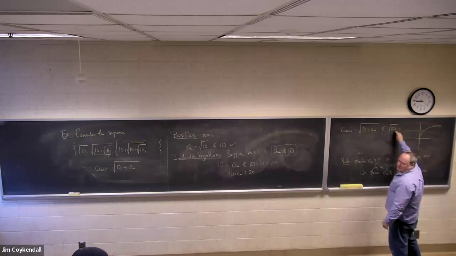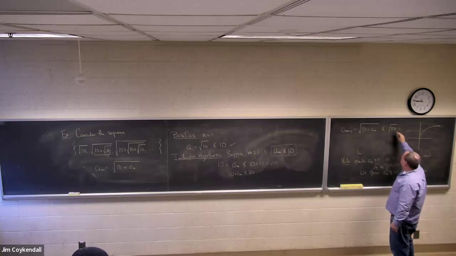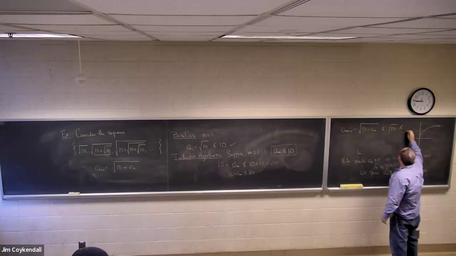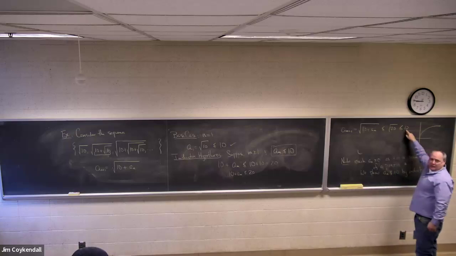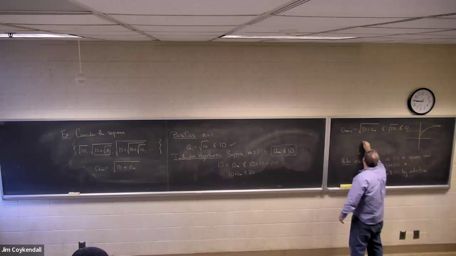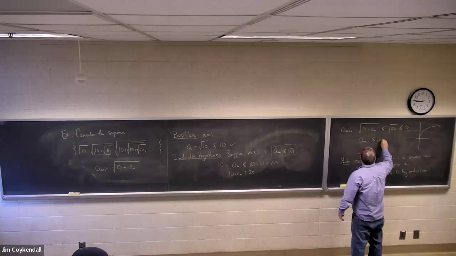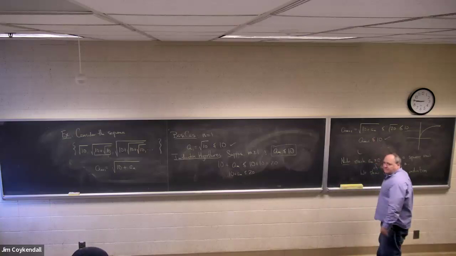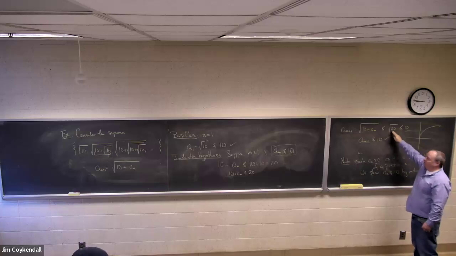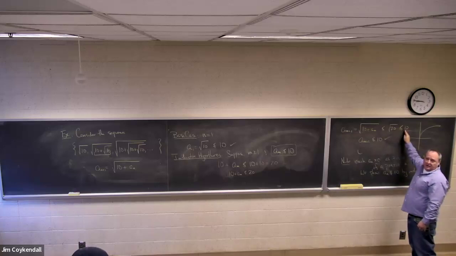And I don't know much about the square root of 20, but I do know it's less than or equal to 10, because this is in fact the square root of 100. So what have I come up with? Check. Notice this is significantly smaller than 10, right?